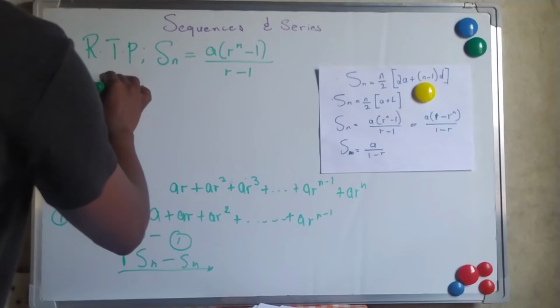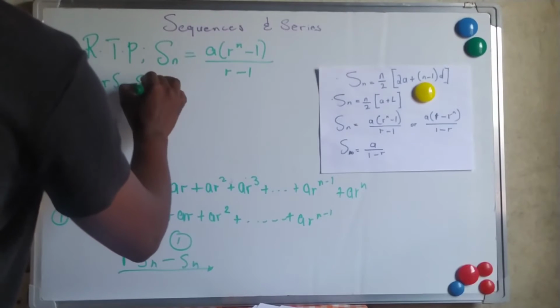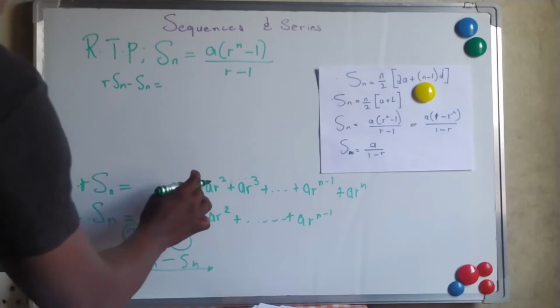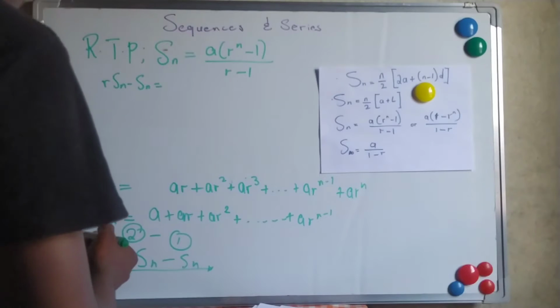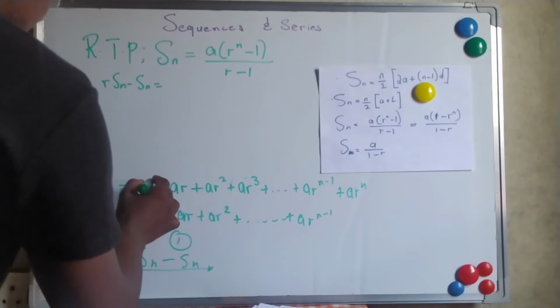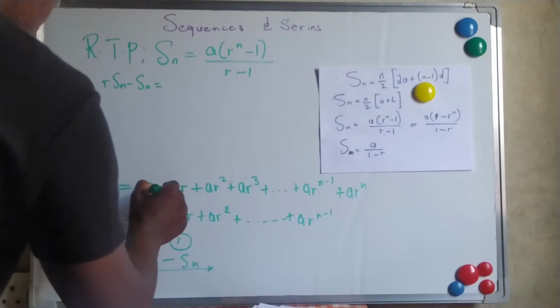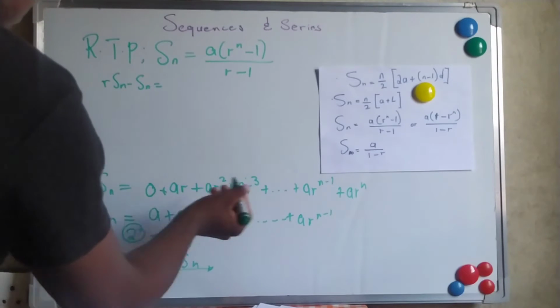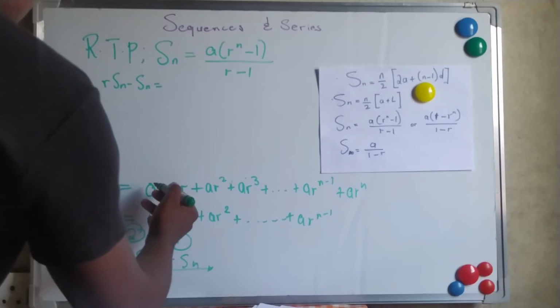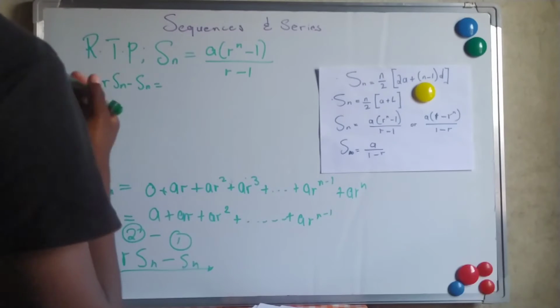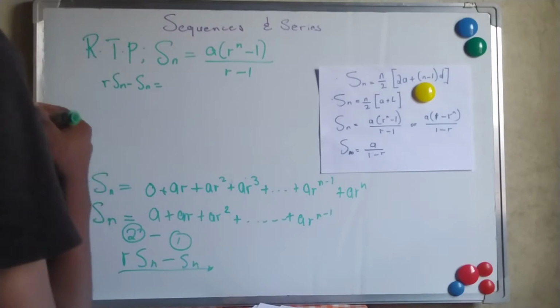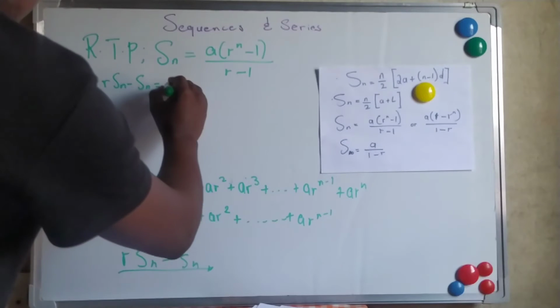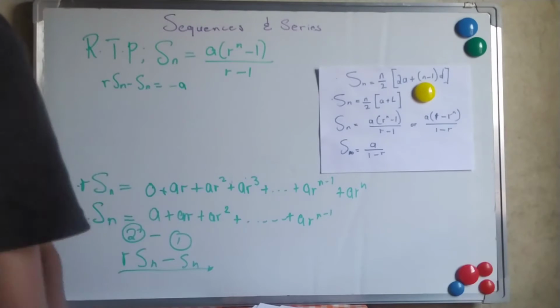By doing this, you have rSn minus Sn is equal to, then you substitute this part. Here you'll have a 0, so it's 0 plus a. You know that 0 does not affect the sum, and this is so that our computation looks simple. So it will be 0 minus a, which would be negative a.